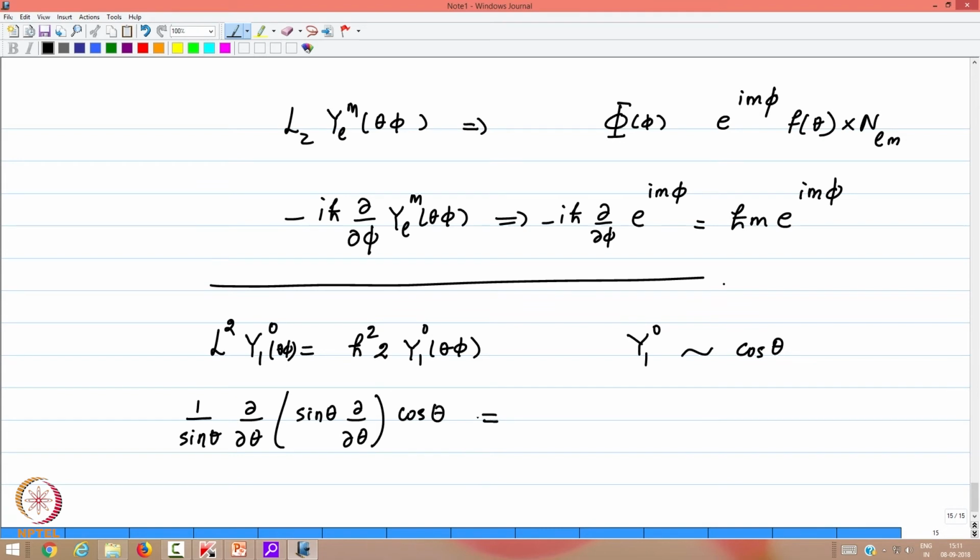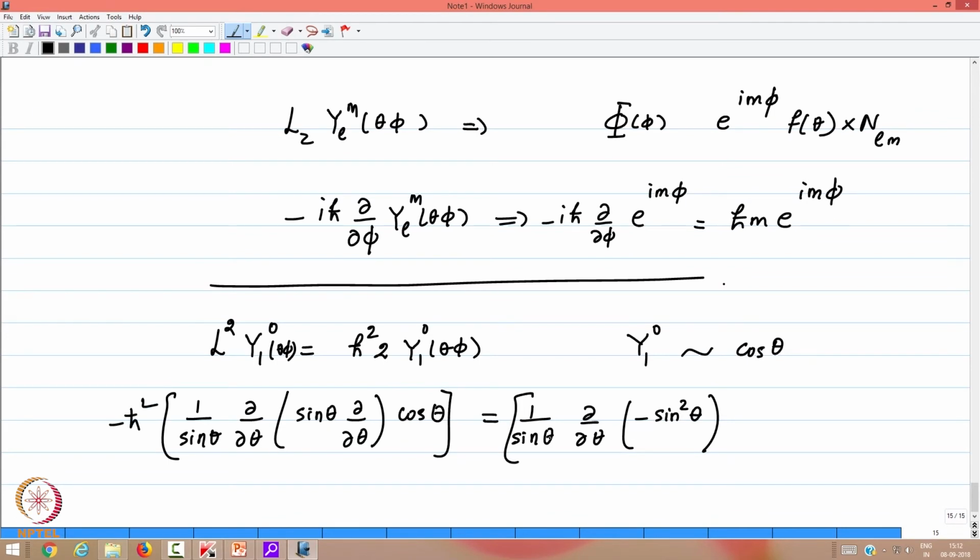This is the only thing, and therefore, we can evaluate this immediately as 1 by sin theta, dou by dou theta, and this gives you minus sin theta, so it gives you minus sin square theta. And also there is a minus h bar square outside. Okay.